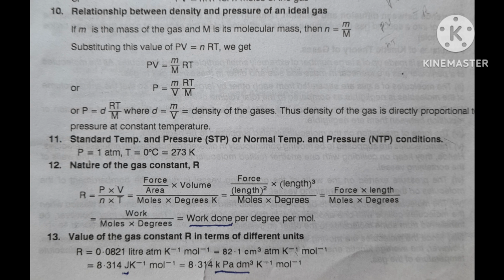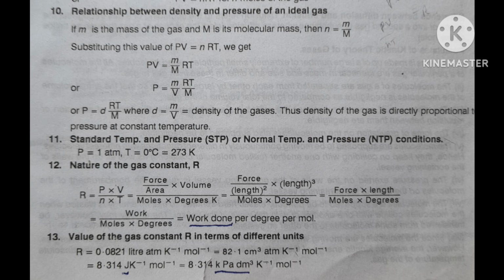Third relation, work done you can write in joule also. Then the third relation is equal to 8.314 joule in the place of work done: 8.314 joule per Kelvin per mole. Correct? This is for 1 mole of gas. You remember. Then joule you can write in ergs also, or Pascal. 1 joule means 10 to the power 7 ergs. You can write it in the place of joule. That is the fourth relation.